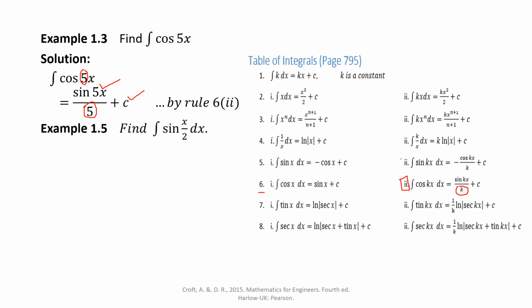Example 1.5. This time I'm using rule 5.2. If there is a constant, divide by the constant again. In both cases, divide. In this trigonometric function, it will be divided.